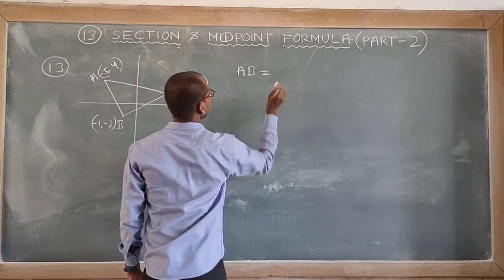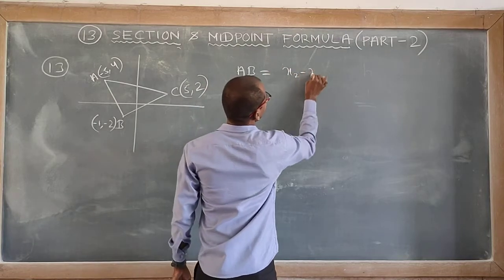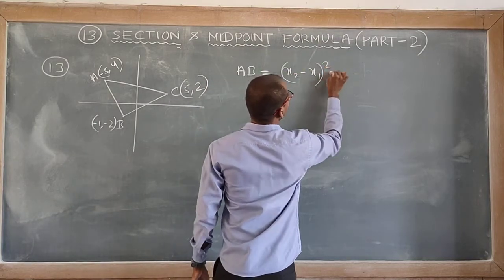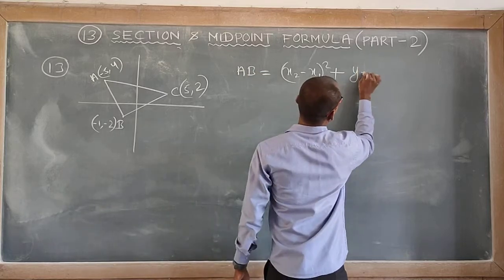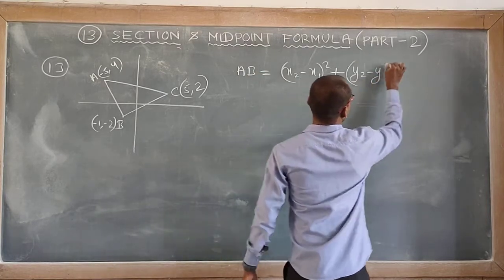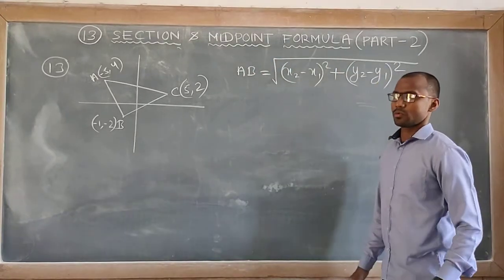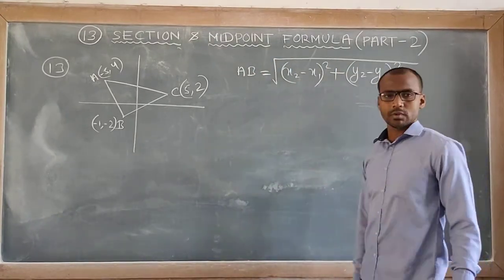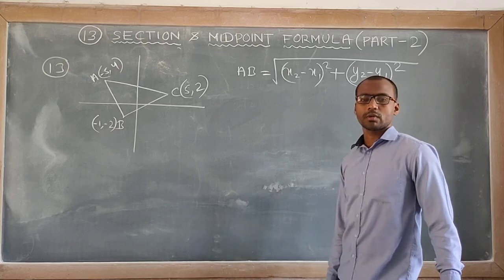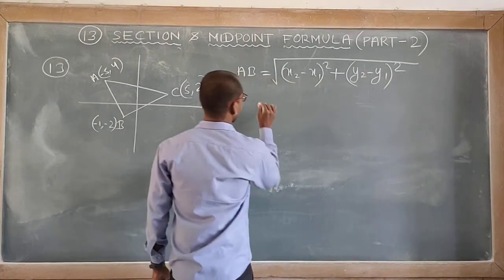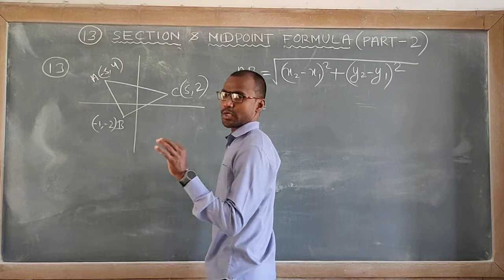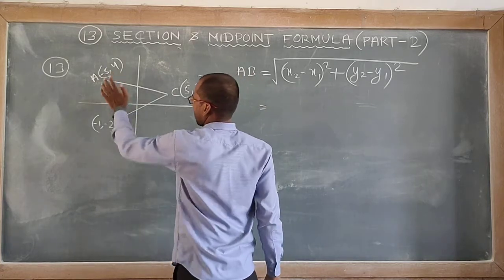AB is equal to the square root of (x2 minus x1) whole square plus (y2 minus y1) whole square. This is the distance formula. Focus on A and B only. A is x1, y1 and B is x2, y2.